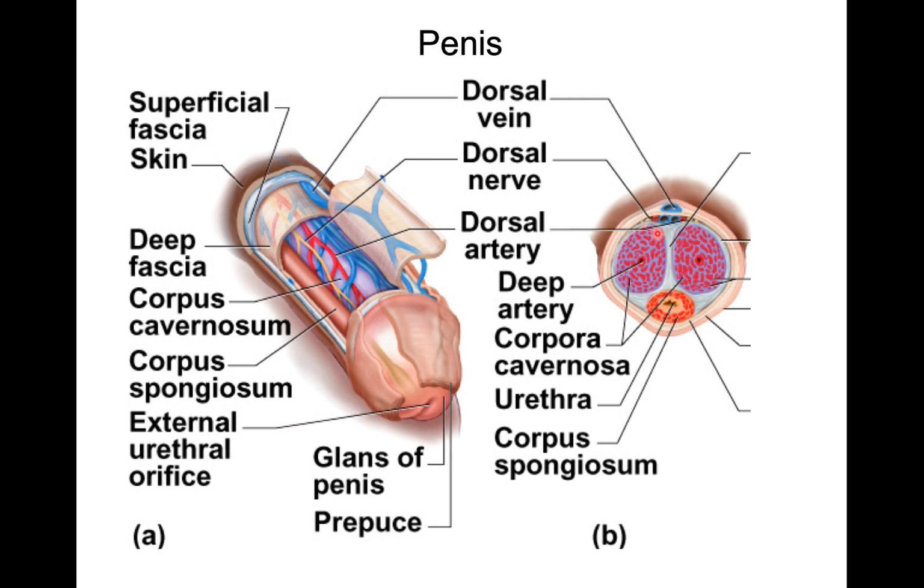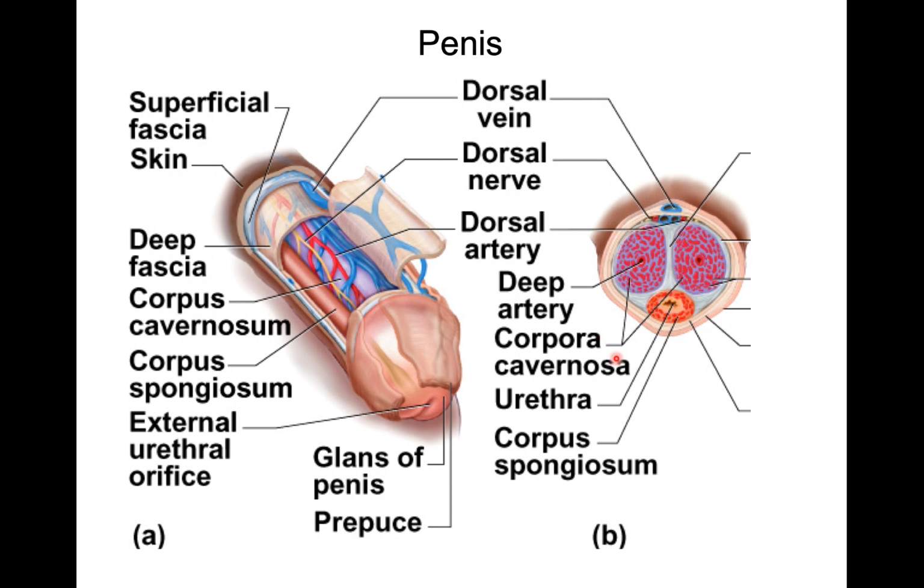On the two sides that are, what looks here, superior to the urethra, you have large arteries, one right there and one right there. These are called deep arteries. Around the deep arteries, you have more capillary beds, and we know that through arteries and capillary beds, you have blood flow. These tissues here and here are called corpora cavernosa.